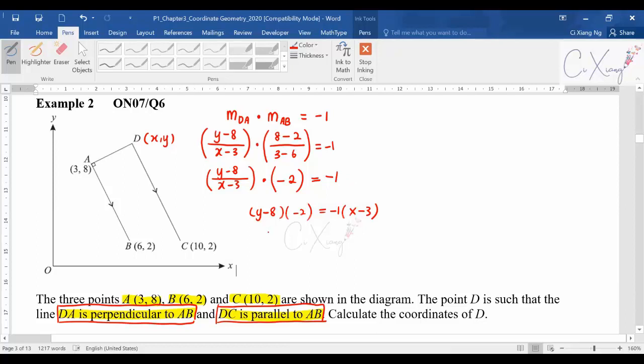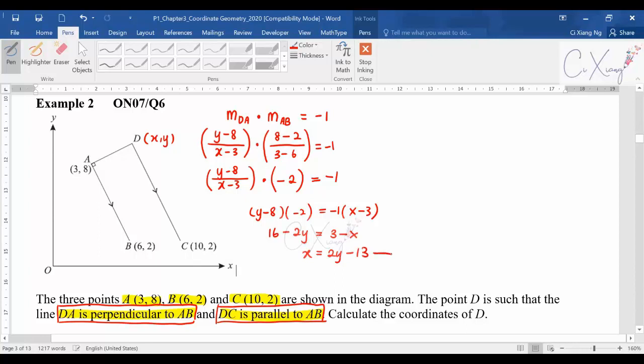Okay, and then if you try to simplify, you should have 16 minus 2y equals to 3 minus x. So if you prefer, you can actually change it to become x equals to 2y, and then 3 minus 16, you get negative 13.